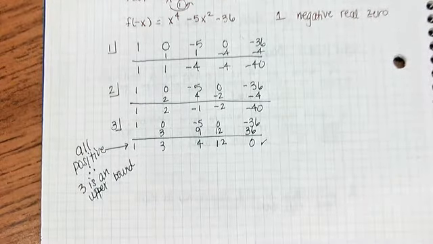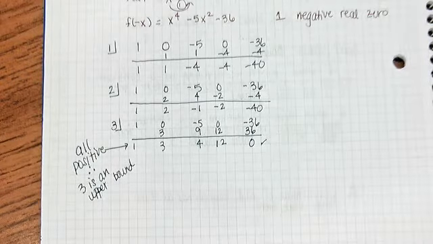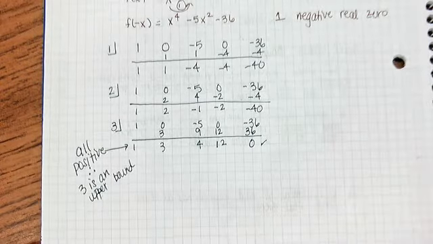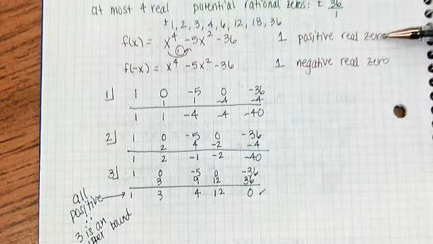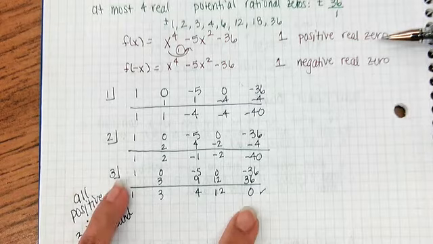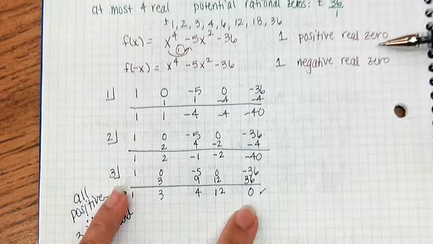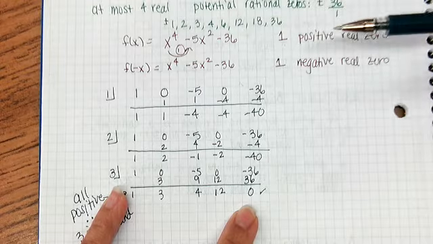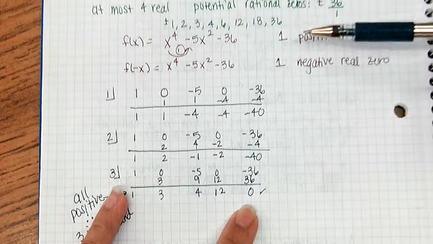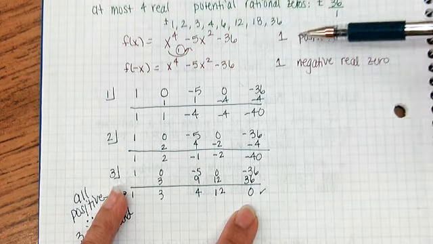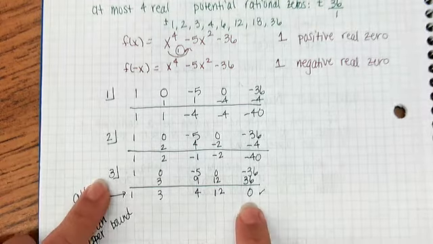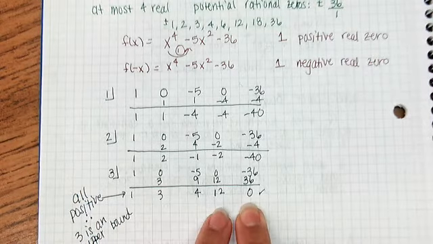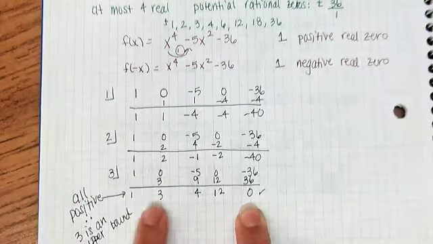So there's a lot going on here. Well, how many positive answers can we have? We said there was 1 positive real 0. We got that it was 3. So I'm going to stop because of Descartes. However, let's say that there were 4. I'm just making this up. Let's say there were 4 positive real zeros. I would stop at 3 because all the coefficients here are positive.